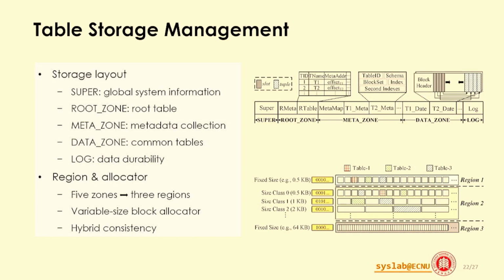Unlike traditional allocators with fixed size blocks, which result in fragmented files, region 2 uses a variable size block allocator to reduce fragmentation. Each class includes data blocks with a specified size. Size class 0 contains the smallest blocks.